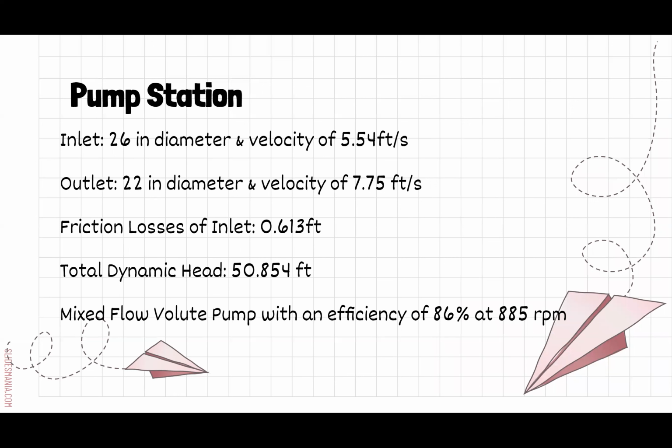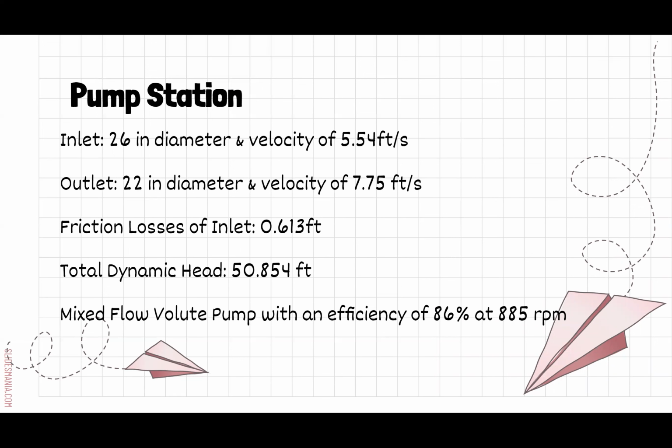Thank you, Daniel. For our pump station, the specifications that we calculated were that the inlet was 26 inch in diameter and had a velocity of 5.54 feet per second. The outlet had a 22-inch diameter and a velocity of 7.75 feet per second. The friction losses of the inlet were 0.613 feet.